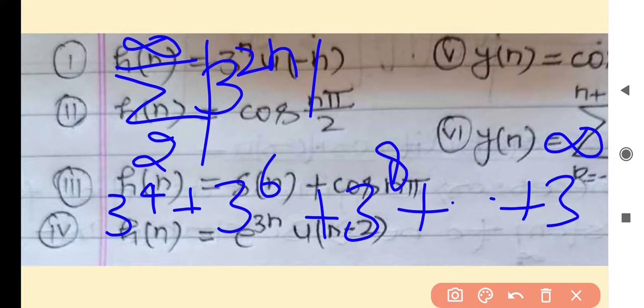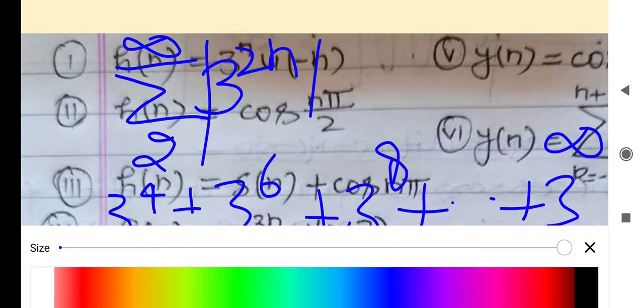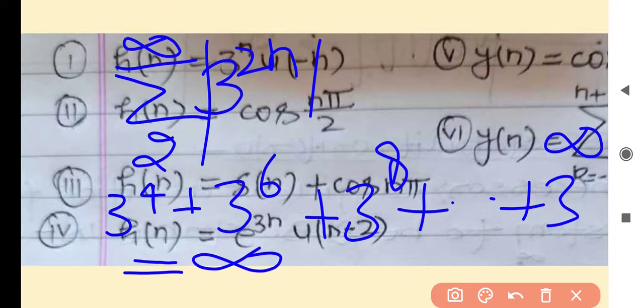So the total summation will not give any finite value, it will give infinite, because the summation of the impulse response of the system from minus infinite to plus infinite is not finite. It means that this system is also an unstable system, because it is not giving a finite value.